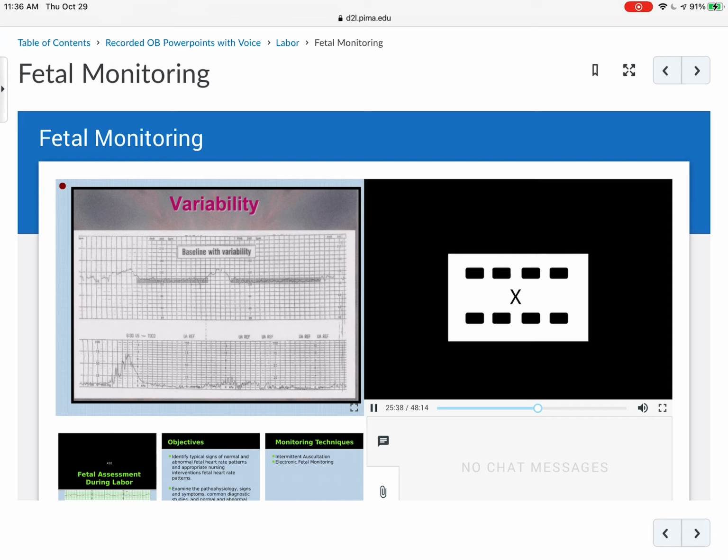Variability, the heart rate will go up to maybe 15 seconds, but then it'll go back down and it'll start moving around again. But do you see those accelerations? They continuously go up and they last for a while. We call that accelerations. Now, think about you when you go running. Your heart rate will increase to compensate for the activity you're doing or the stress you're putting on your body.